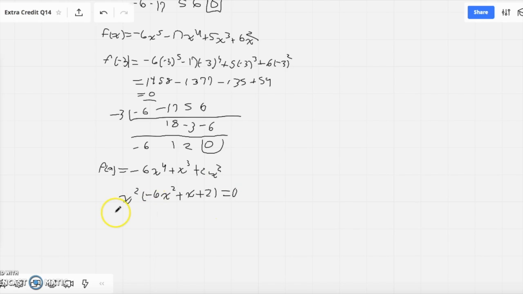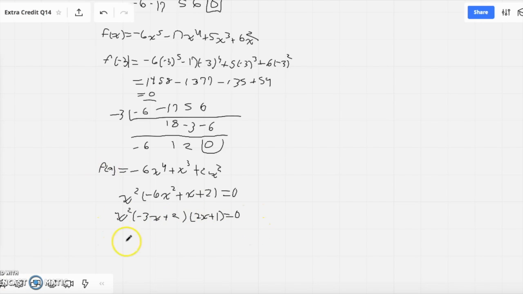As we continue to factor this, we get negative 3x, and then we need a 2x in order to make this work out. This is still equal to 0. And then plus 2, and finally plus 1.